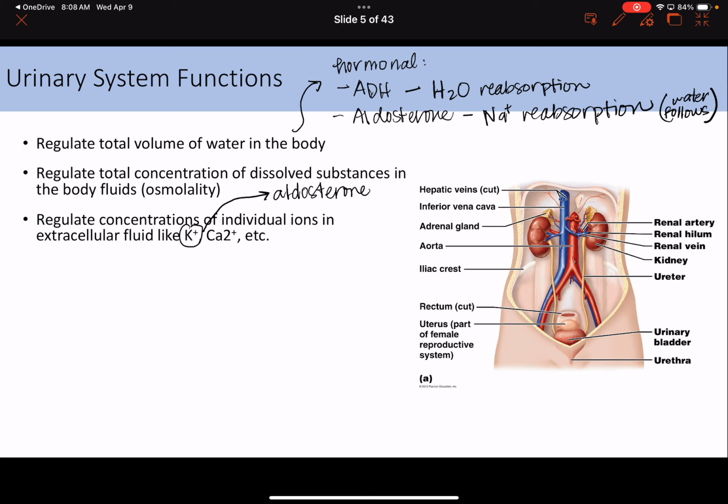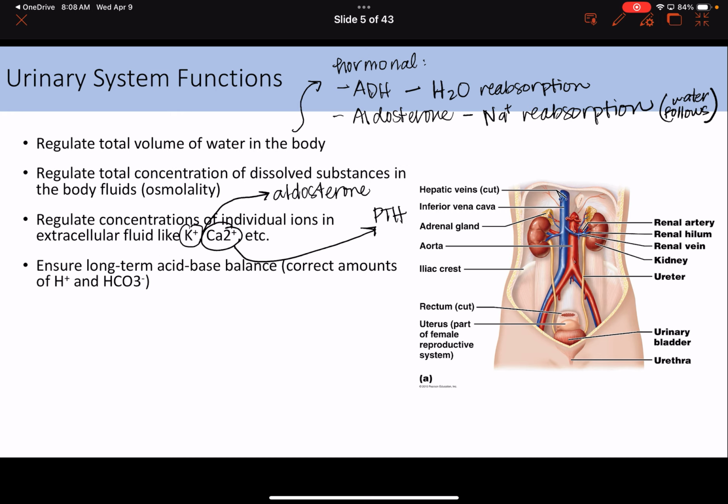Okay. What is the hormone that regulates calcium concentrations? Parathyroid hormone, or PTH. The urinary system is also going to ensure we have an acid-base balance, so the correct amount of hydrogen ions and bicarbonate ions to maintain our blood pH. What should our blood pH be?